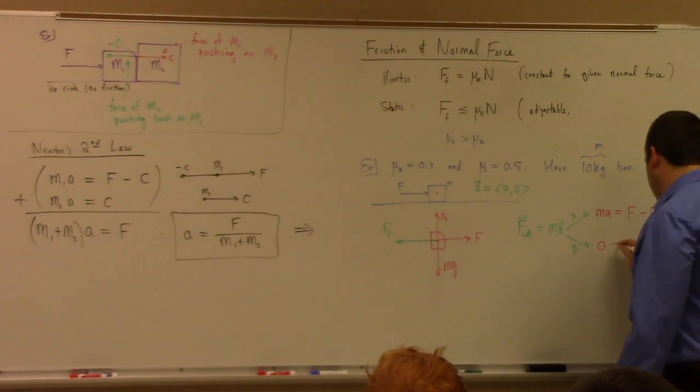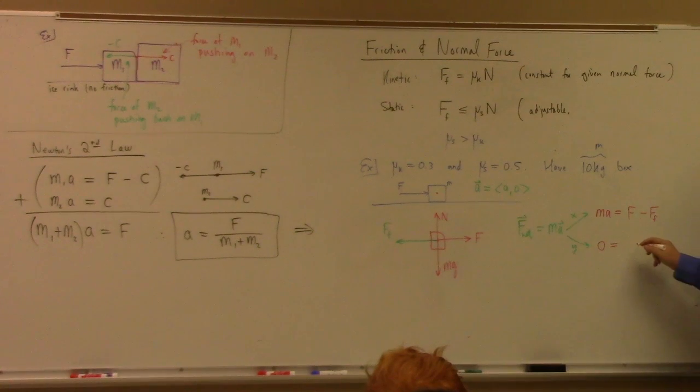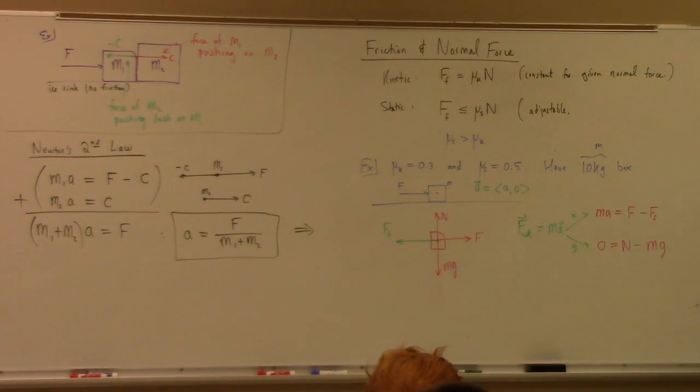So 0 is equal to n minus mg. Now, in this case, the normal force is equal to mg. I again caution you, thou shalt not assume the normal force is always equal to mg. You have to think through it. There are other examples where that's not the case.